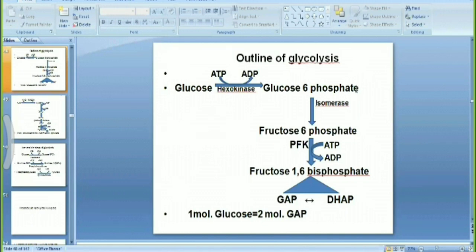So if this is the point of starting of glucose oxidation, this glucose 6-phosphate by this alternative pathway produces fructose 6-phosphate that enters into the Embden-Meyerhof glycolytic pathway, or it can produce glyceraldehyde 3-phosphate.